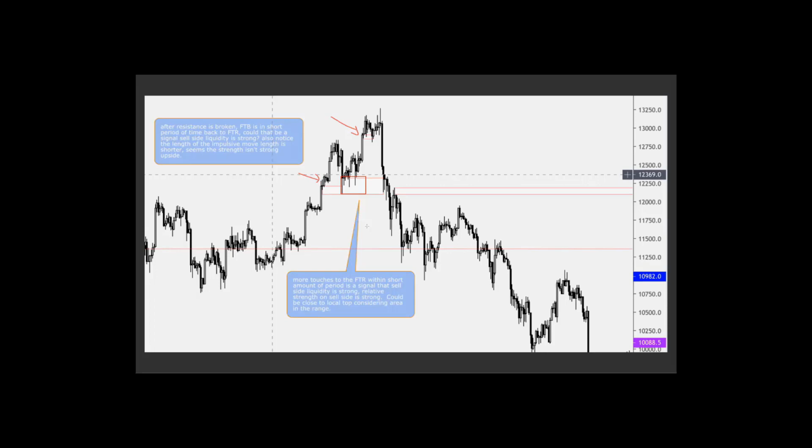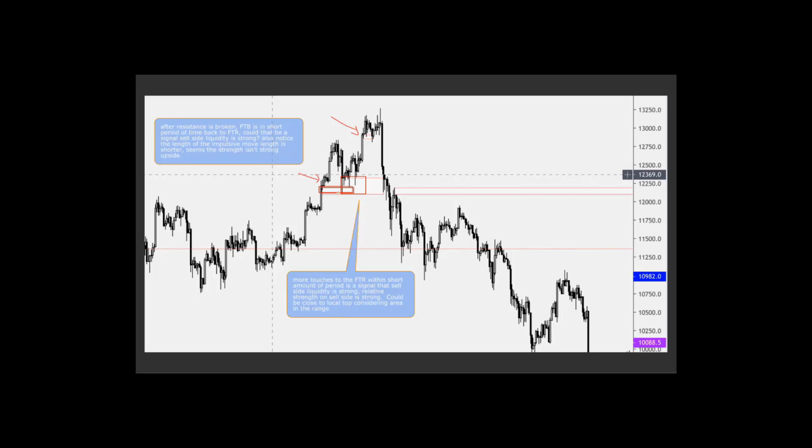I really like this question because it displays a dynamic approach to price action. And you're right, the fact that price is coming all the way into the far end of this buy side liquidity renders this FTR weak.